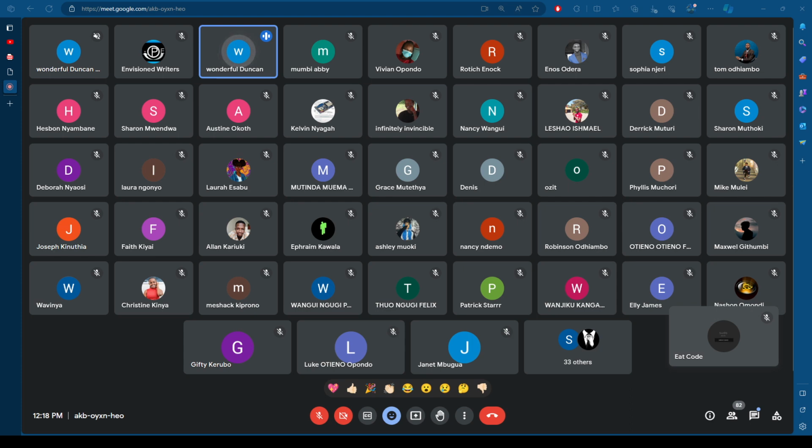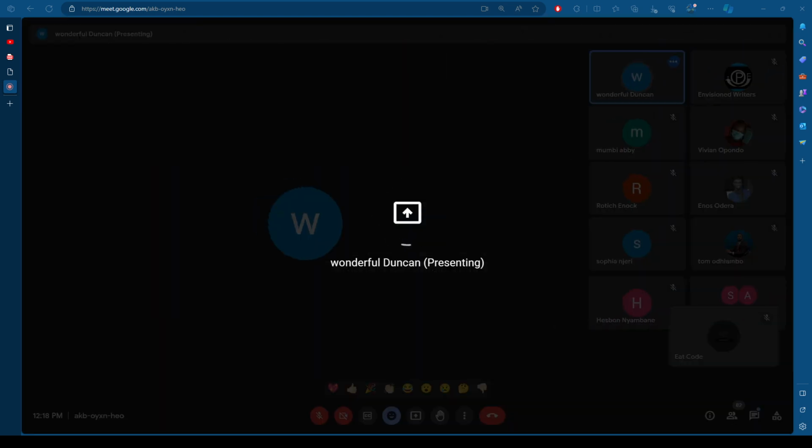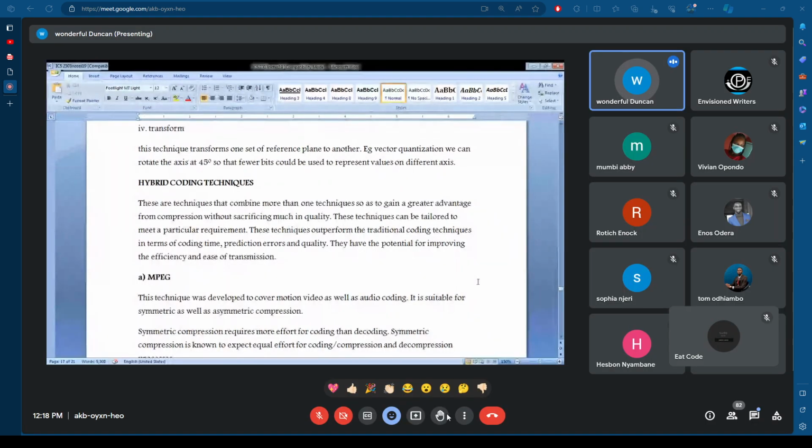Then we have the hybrid coding technique. So we have the source coding and we have the entropy coding.